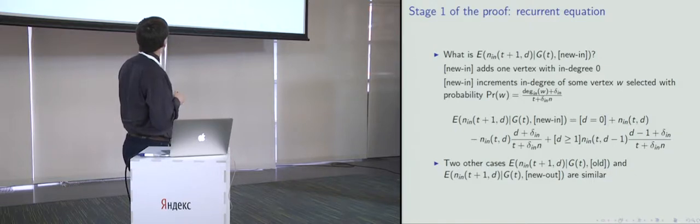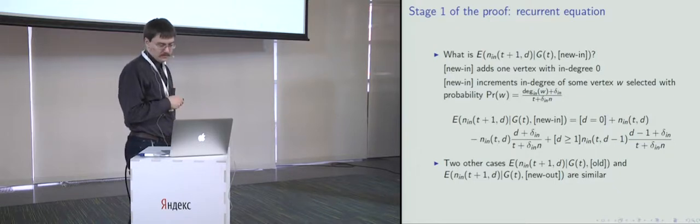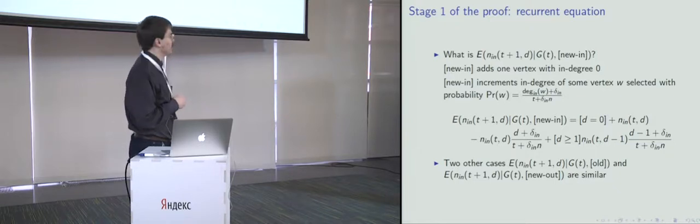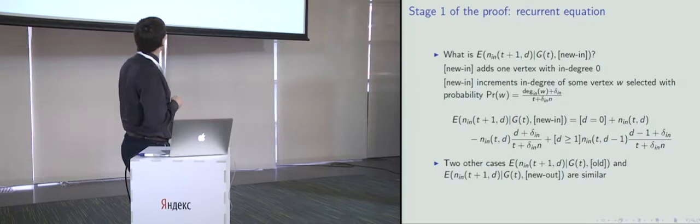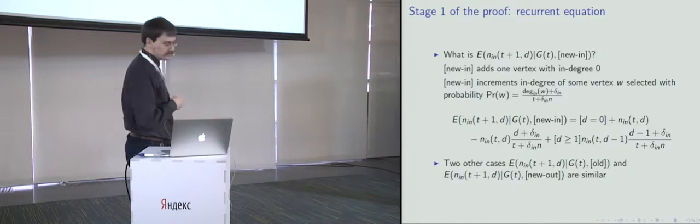With that probability we gain a new vertex. The two other cases are similar, with a special value for d equal to 1 in the out case, and no special values for the old process. And so this yields a recurrent equation.